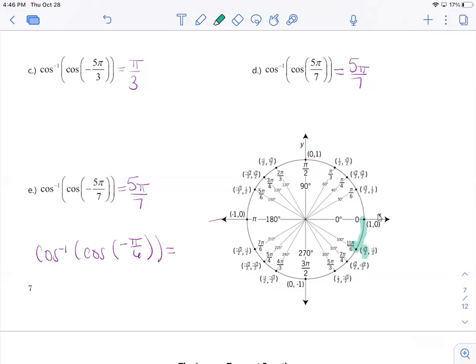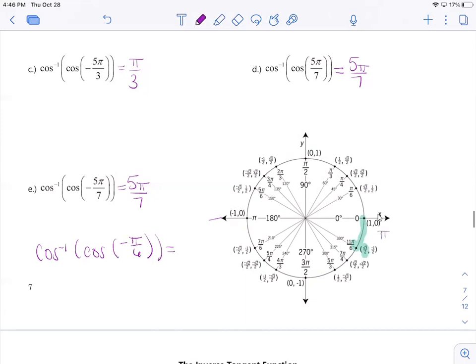I'm in a quadrant I cannot live in. So your reference angle there, remember, that's the angle from the x-axis, either positive or negative. That angle is just pi over 6. We just did a negative, so we went clockwise instead of counterclockwise. So my reference angle is just pi over 6, so then I'm going to go from here up, and it produces the same thing. So my answer for this one would be pi over 6.